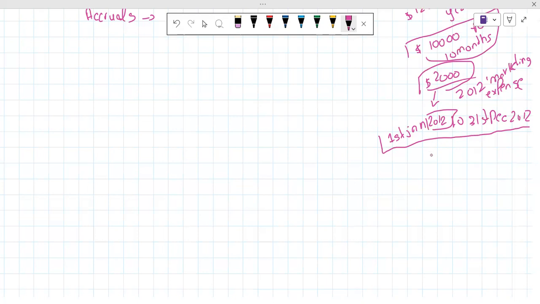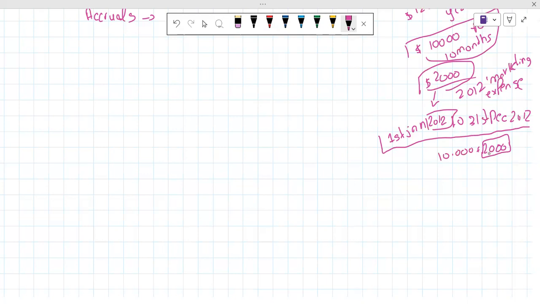So when you are going to make the profit and loss statement, we will have to add 10,000 plus $2,000, because this is the amount which we have to pay during the year, but we didn't pay. We add $2,000 to 10,000 because this is related to this year's expense. We cannot shift $2,000 to 2013. Maybe we will pay this $2,000 in 2013, but we have to mention this $2,000 in the 2012 profit and loss statement.